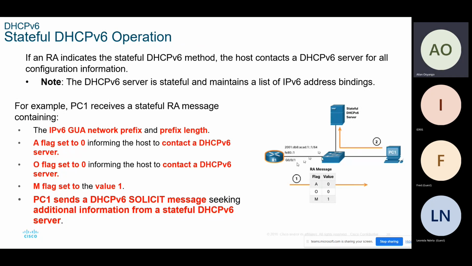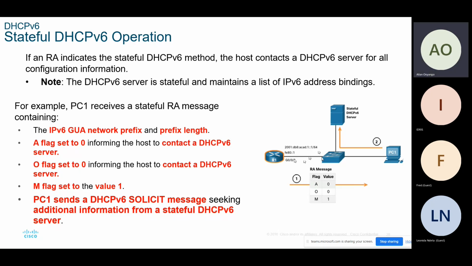Now, for a stateful DHCP operation, like I told you, this is the equivalent of the IPv4 DHCP. And so the PC receives an RA message, and the RA message will, of course, contain the IPv6 global unicast and network prefix and the prefix length.